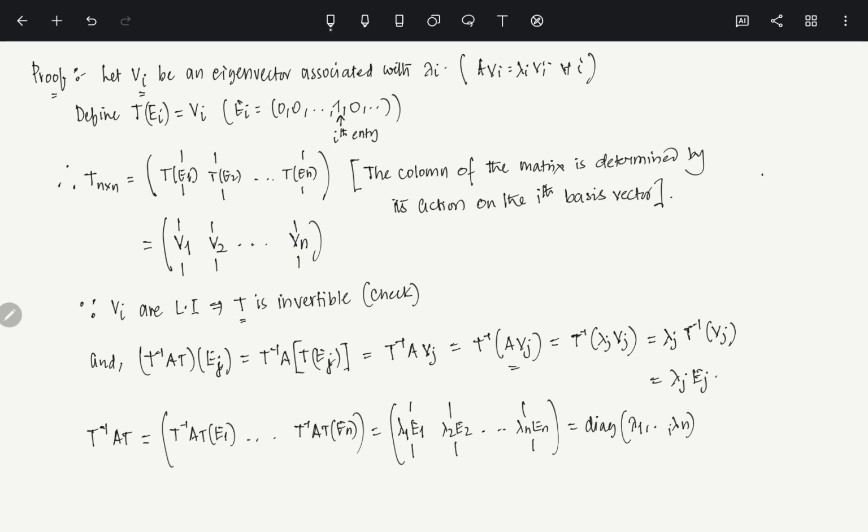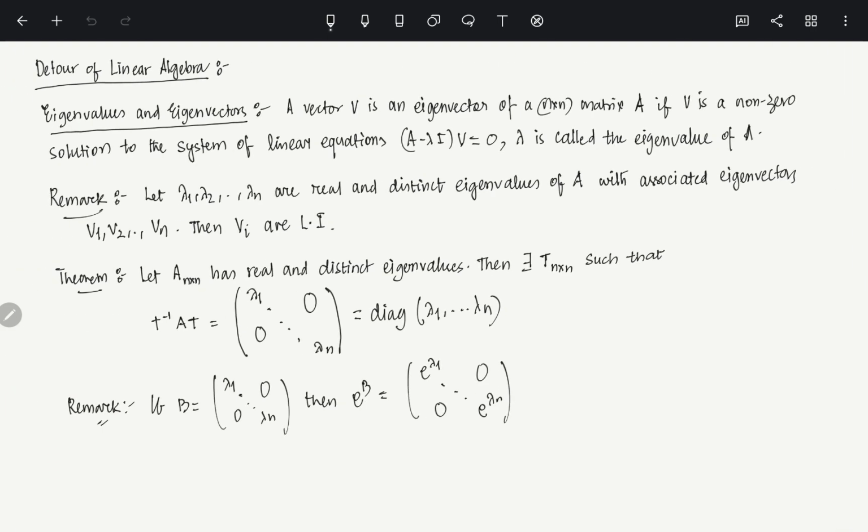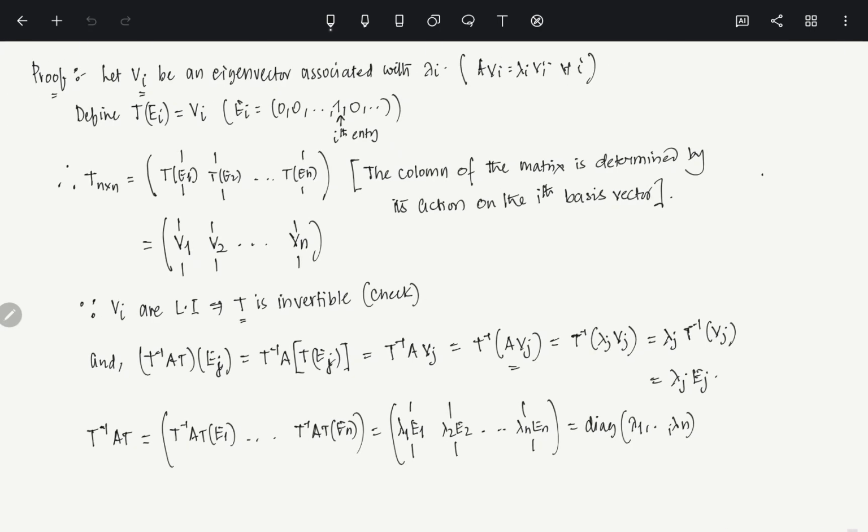Is this okay? So what did we learn? We learned that if A is a matrix with real and distinct eigenvalues, this is very important, then, of course, there are other situations also, but in this situation you can always find a transformation which reduces A. So basically T inverse AT is going to be the diagonal matrix, okay, right?